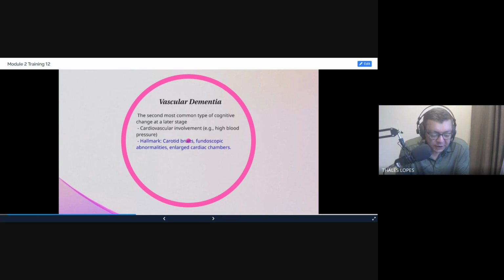Now, just because you have high blood pressure doesn't mean specifically it's going to be vascular dementia, right? But most of the time, vascular dementia and high blood pressure come together. The hallmarks are carotid bruits, fundoscopic abnormalities, and enlarged cardiac chambers. Okay.